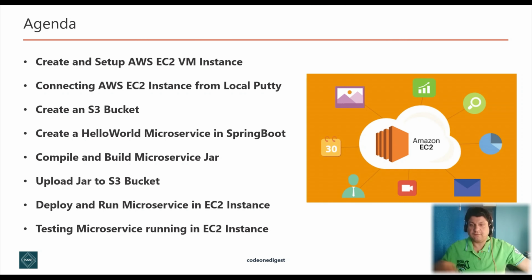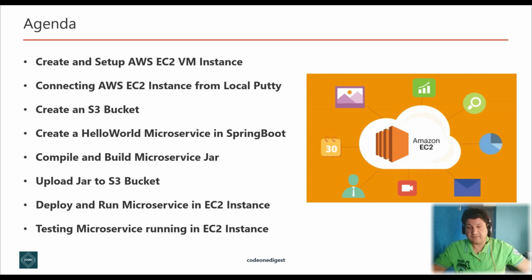In this video, we'll be creating and setting up the AWS EC2 instance from zero. I'll teach you step by step how you can create it. Then connecting to that instance from our local PuTTY client. From a local terminal, how you can connect to that EC2 instance so that you can work on it. Then we will create an S3 bucket. Why do we need an S3 bucket? We'll understand that.